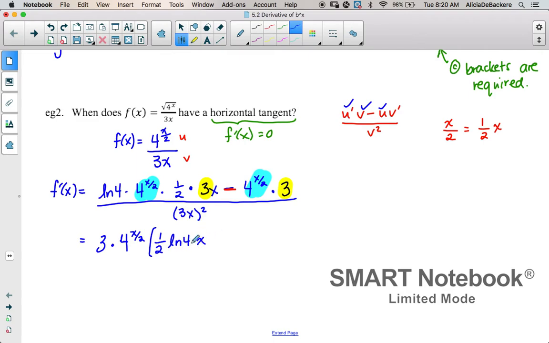Again, I need to be clear here that I'm just taking ln of 4, not the ln of 4 times x. So I'm going to put a dot in, or I could use brackets to separate them. And then in the second term here, we actually divided out the exact second term, so I'm left with subtracting 1. And then that's all over. Be careful here, when you square the denominator, you are squaring the 3 and squaring the x.